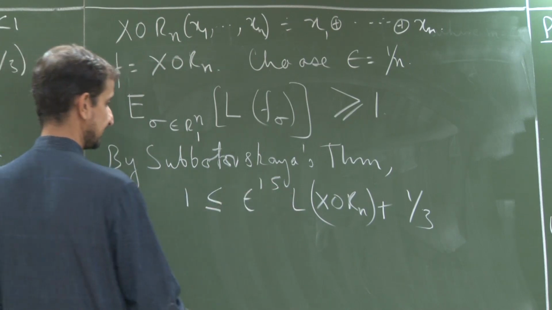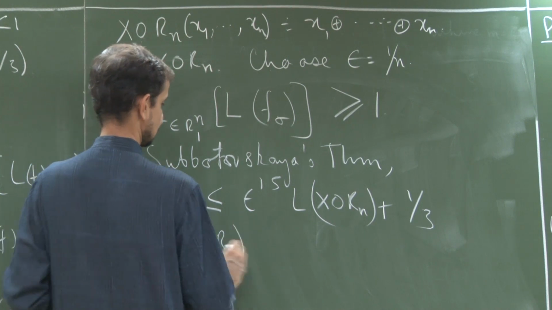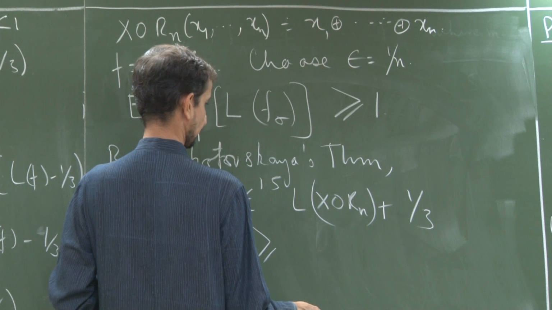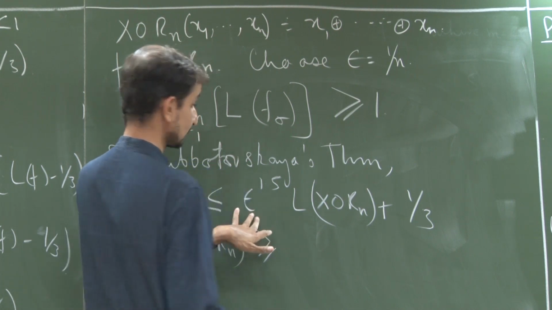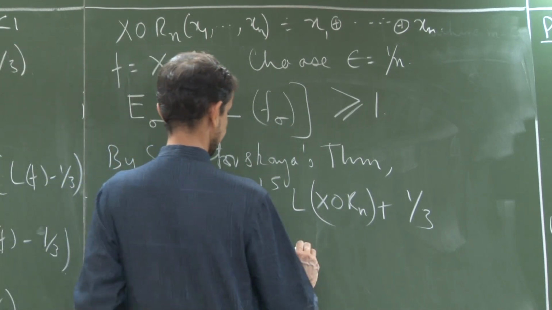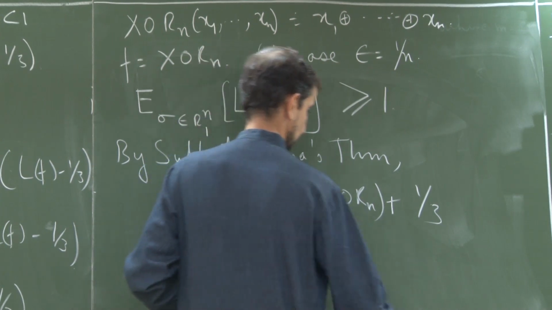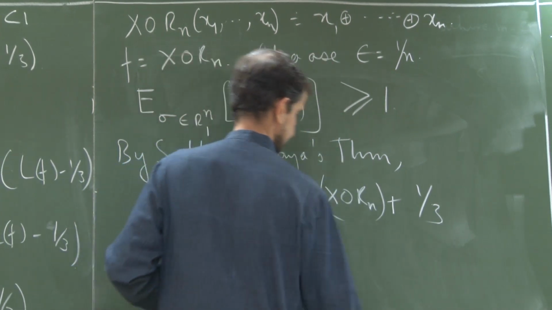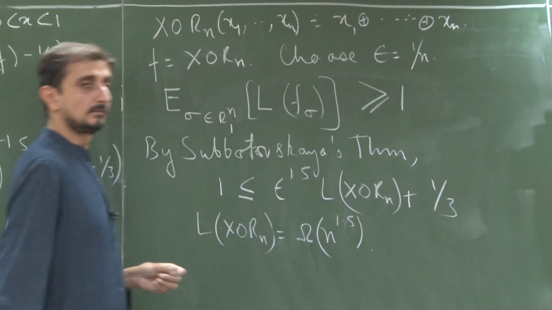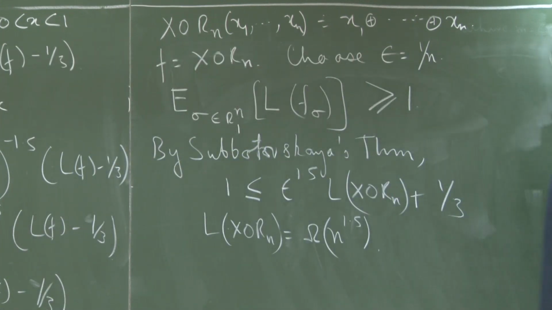Now, just rearranging, what I get is L of XOR n is greater than or equal to, what was my epsilon? Epsilon was 1 by n. So, this is greater than or equal to n to the power 1.5, or let me just write it as omega of this. Now, is this the best that we have?